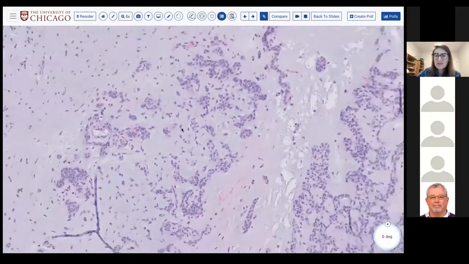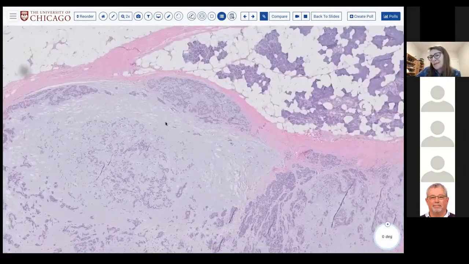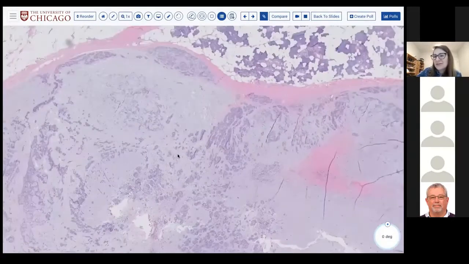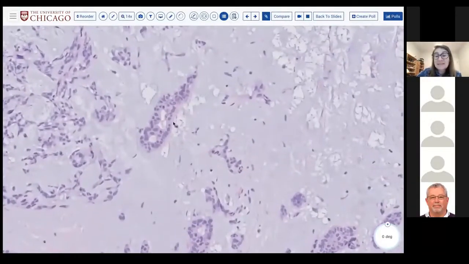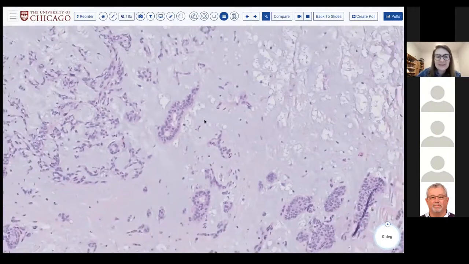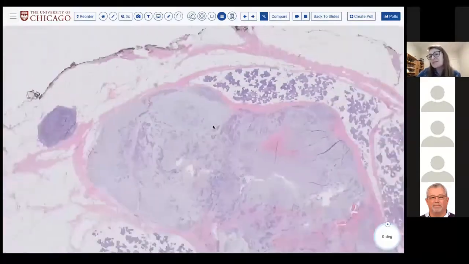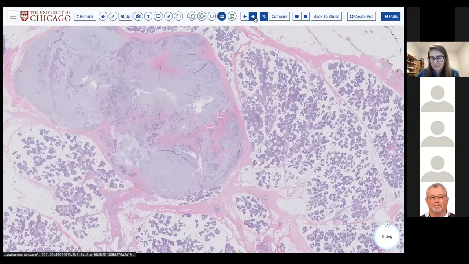Some people might disregard the focal ducts and say, nope, it's a myoepithelioma. Some might regard the focal ducts and say, yes, it's a pleomorphic adenoma. I'm one of the people that regards the ducts as neoplastic and says, yes, this is a pleomorphic adenoma. So that's the diagnosis on case one. Not too challenging, but just an example of a common finding.